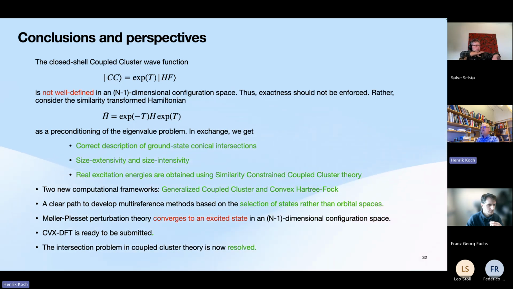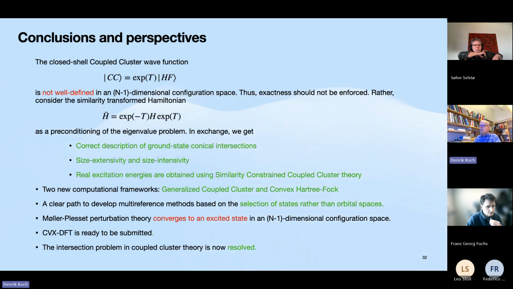And then we should get the exact eigenvalues we should get from diagonalizing the similarity transformed Hamiltonian. If we do that, then we get a correct description of the ground state conical intersections. We still have size extensivity and size intensivity, and we have real excitation energies with this similarity constraint coupled cluster theory that I mentioned before.